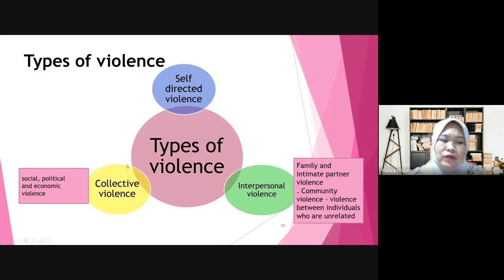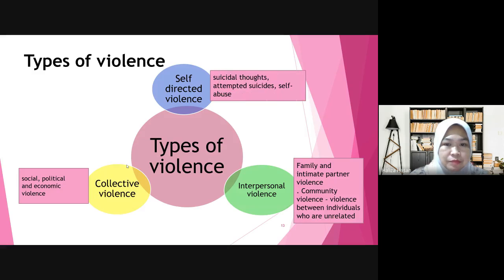For collective violence, from politics and economics, this also happens in Malaysia, where political people try to use kekerasan or keganasan to get what they want using their power. For self-directed violence: suicidal thoughts, attempted suicide, or self-abuse. So this is the types of violence.